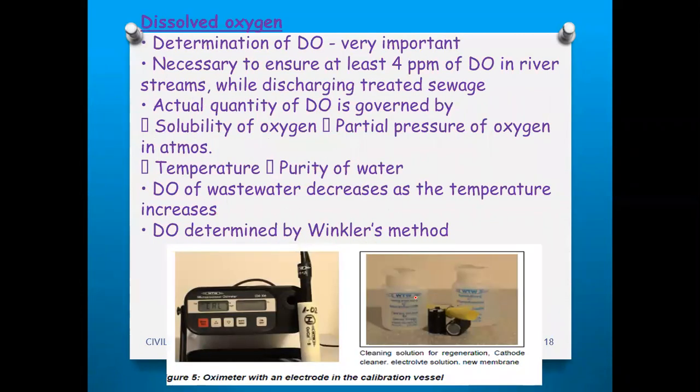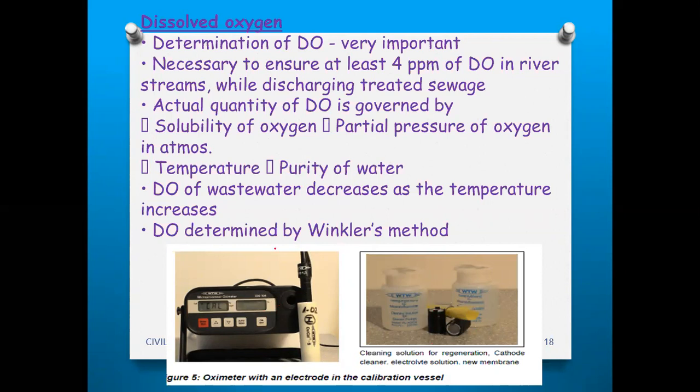The next one is dissolved oxygen. These are the oximeter with an electrode in the calibration vessel. These are the cleaning solutions for the cathode cleaner and other materials. This is a probe where you check the oximeter level, how much oxygen is present in the water.